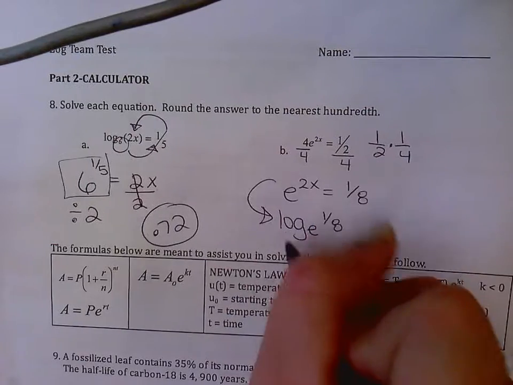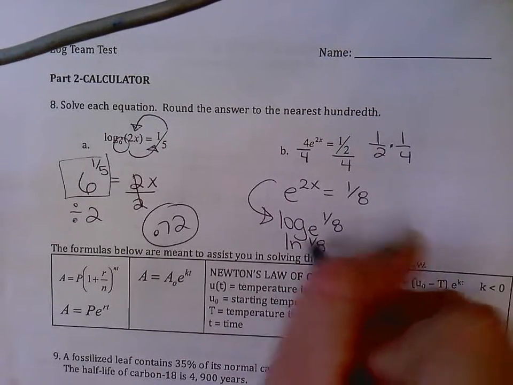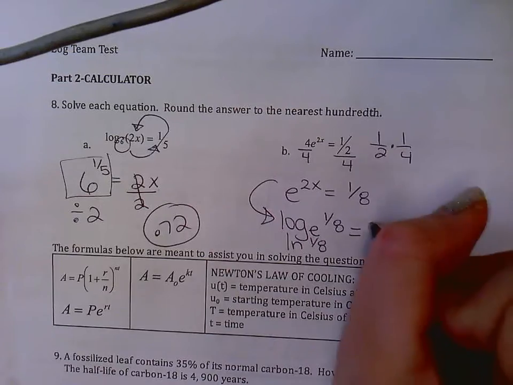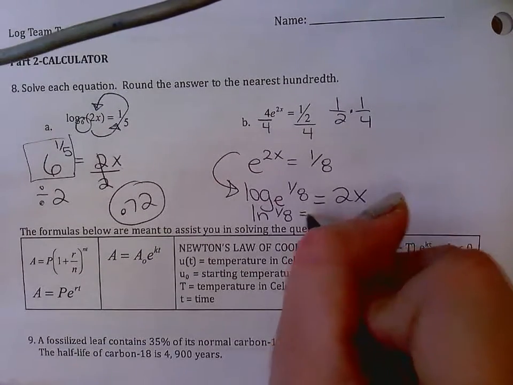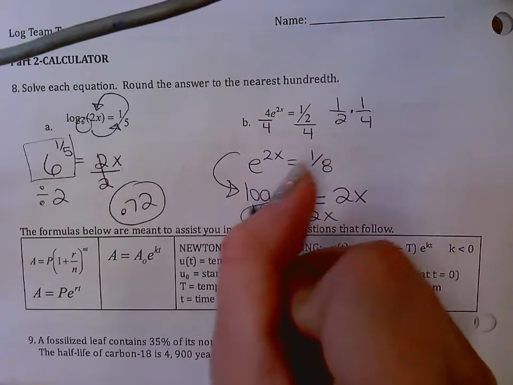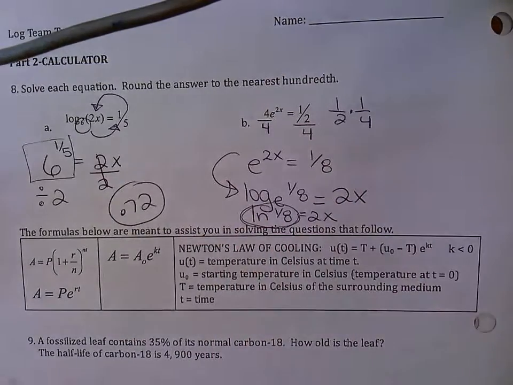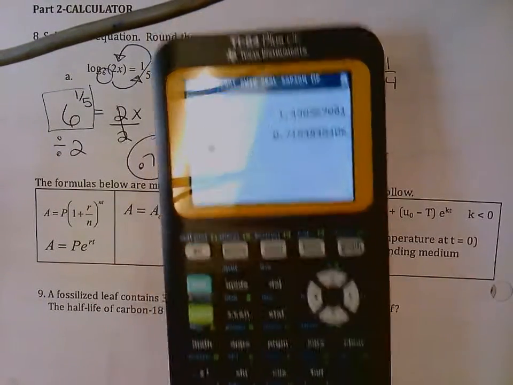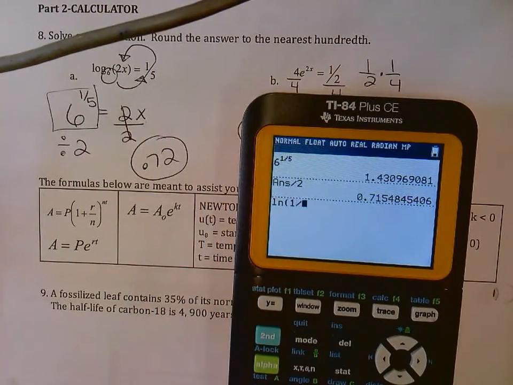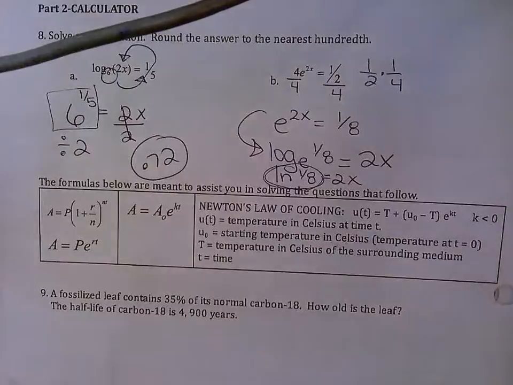So this is the natural log of 1/8, if you prefer to write it that way, equals 2x. So I'm going to take the natural log of 1/8 on my calculator and then divide by 2. Natural log of 1/8 divided by 2 is negative 1.04.